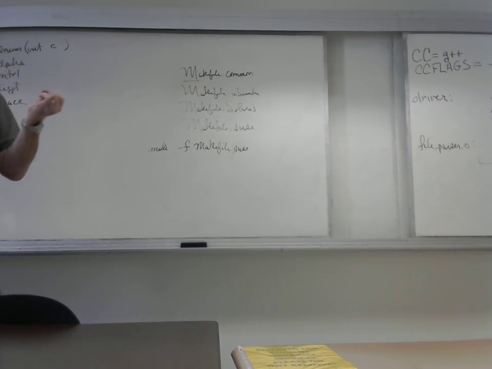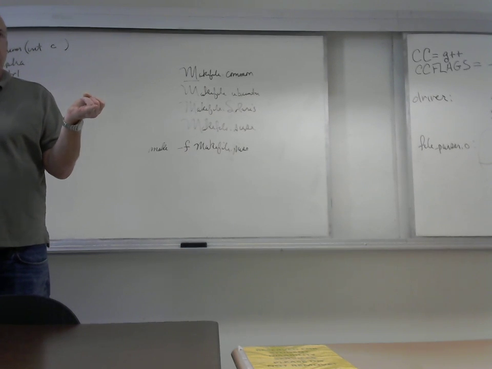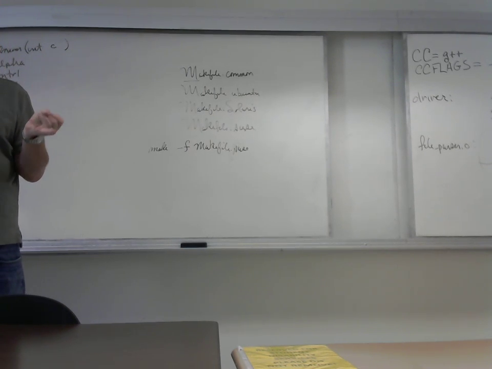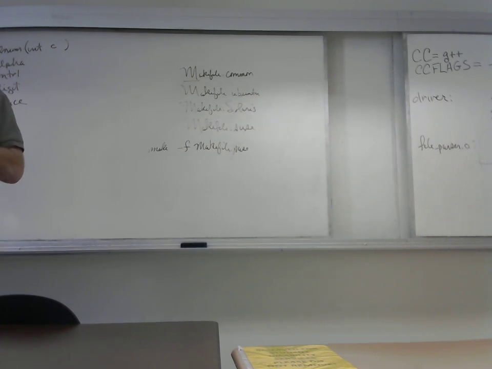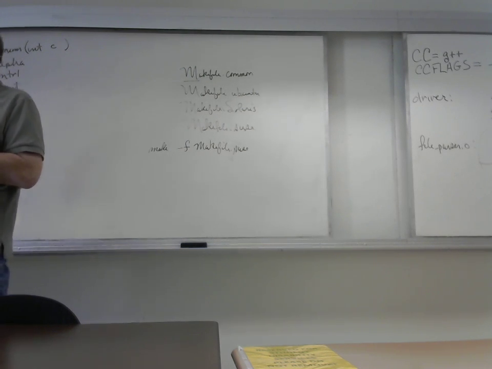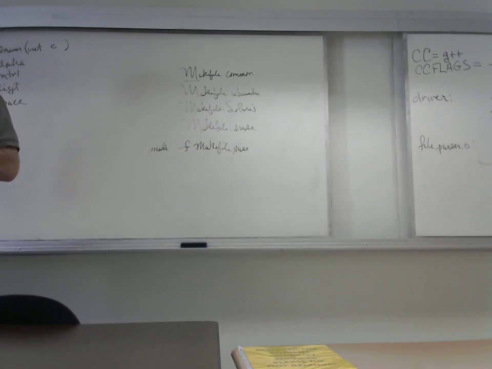So you have driver.cpp. But if there's no main method, then it's a CC. So file parser.cc, not CPP. You do not want to put a main method in the file parser. That would make sense. Other questions?